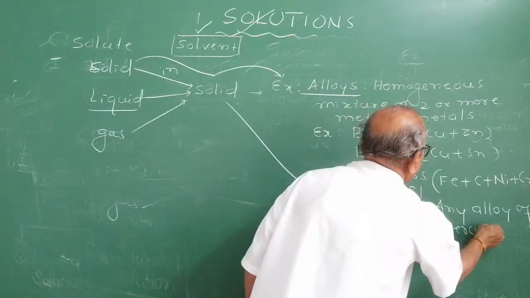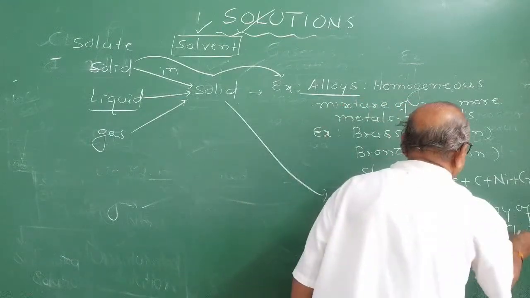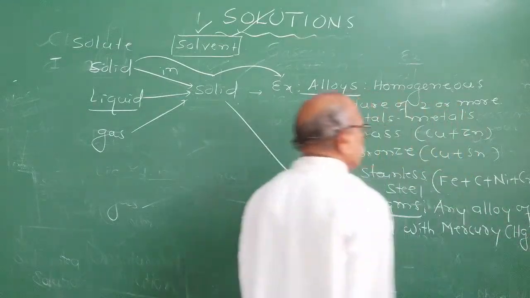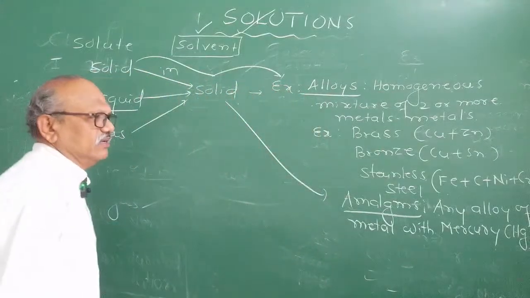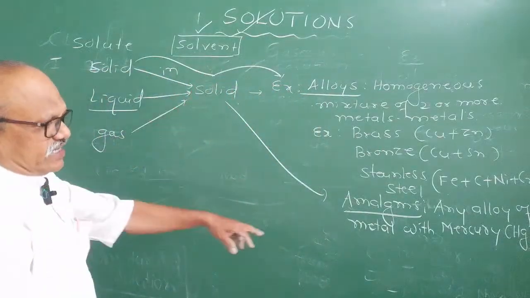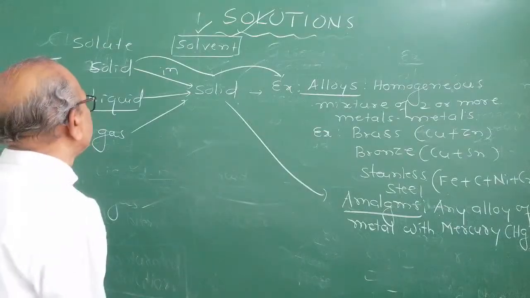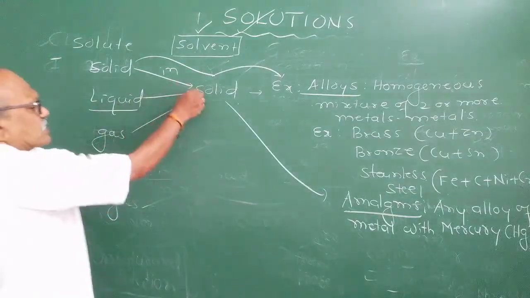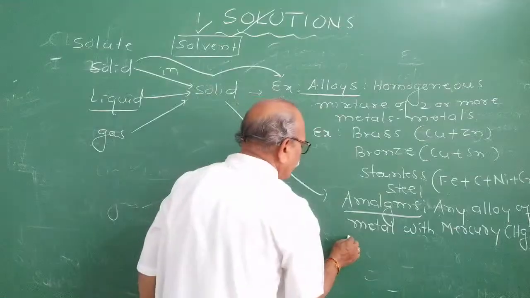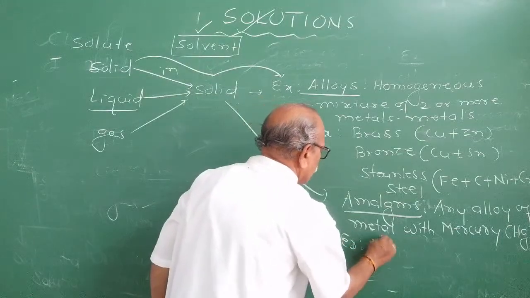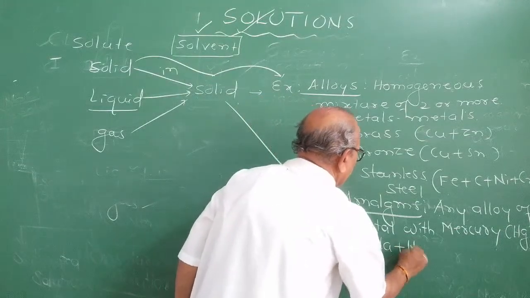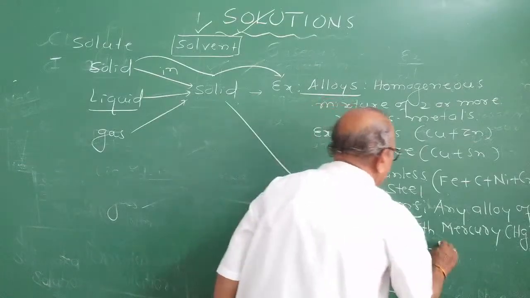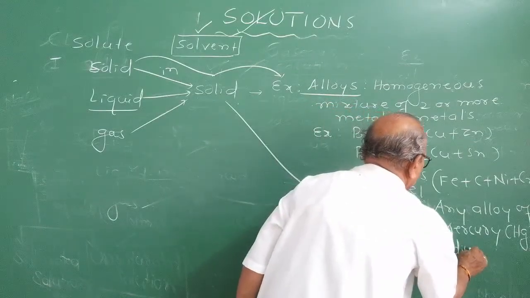You know that the only liquid metal is mercury. You remember, most of the metals exist in solid state except mercury. Mercury is in the liquid state. Therefore, liquid in solid. See, when sodium is dissolved in mercury, we call it sodium amalgam.